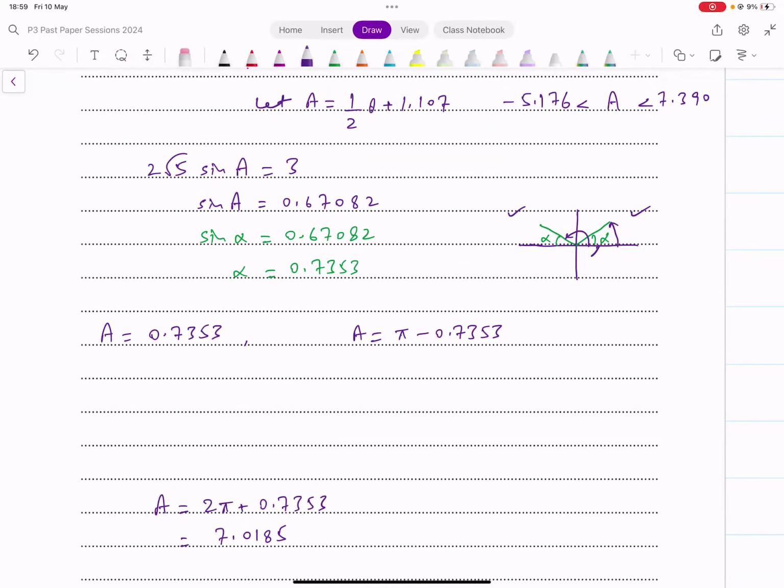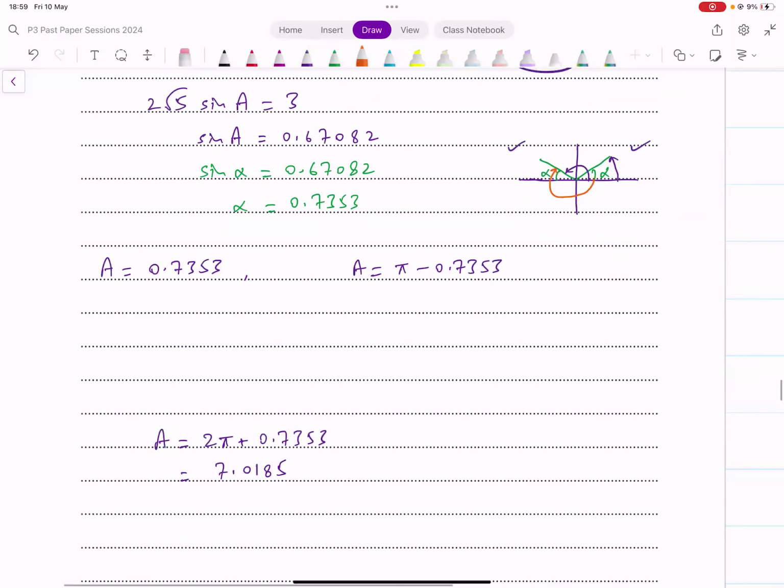Now we can also go in this direction because you have negative values in the interval as well. So you also need to check if there's any value in the negative direction. Okay, now what about this angle? This angle in the negative direction. What would this be? Minus pi minus 0.7353.